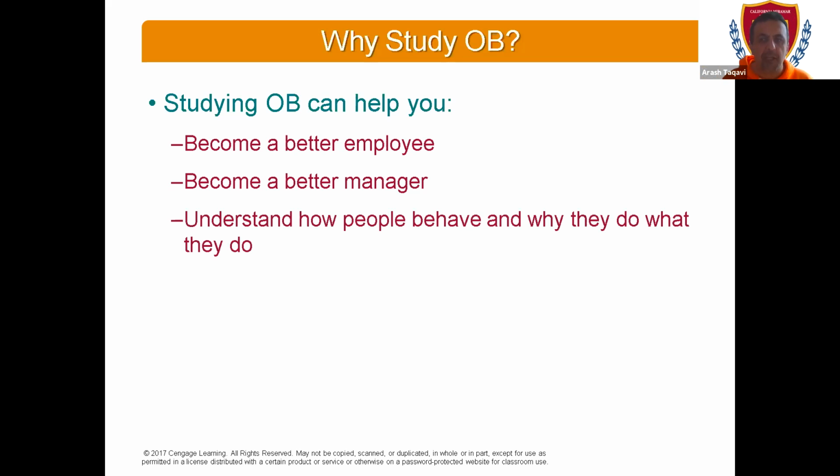Understand how people behave and why they do what they do. It's very important. It's basically the psychological part of organizational behavior. So during the course of organizational behavior, at the end of the course, you can have some styles and scales for assessing yourself and your family members, your friends, about the causality, the roots and reasons of their behavior, why people do what they do.